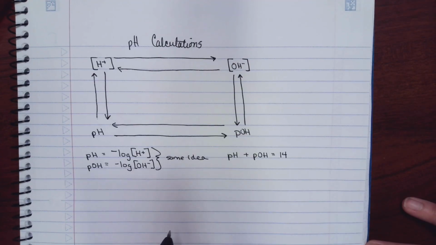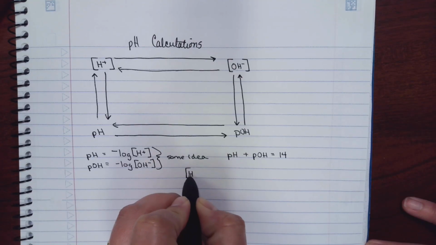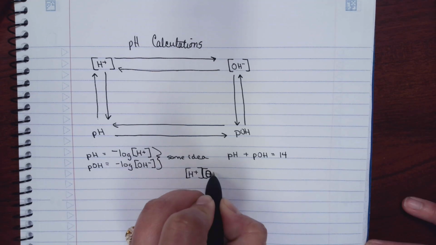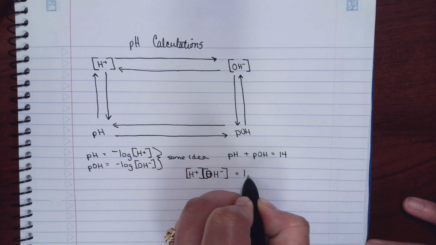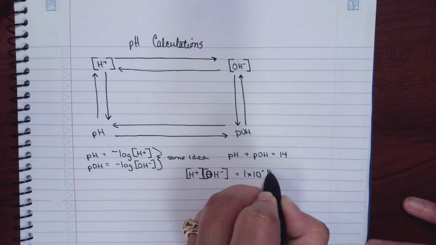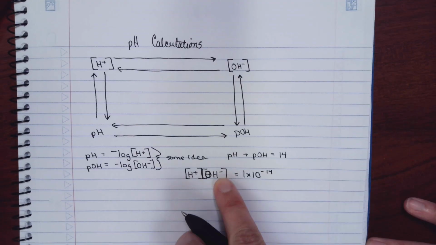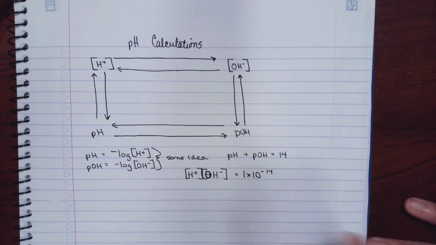The other thing that we know is that when we multiply the concentration of hydrogen times the concentration of hydroxide, that's going to get us 1 times 10 to the minus 14th. And that's where the pH scale comes from. It's the relationship between the product of these two values.